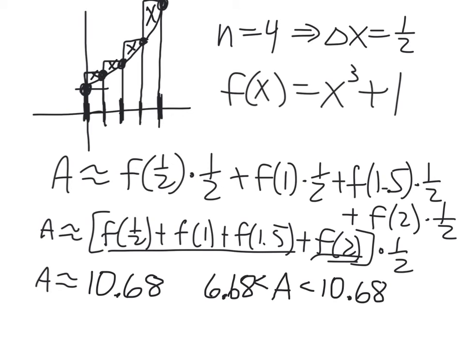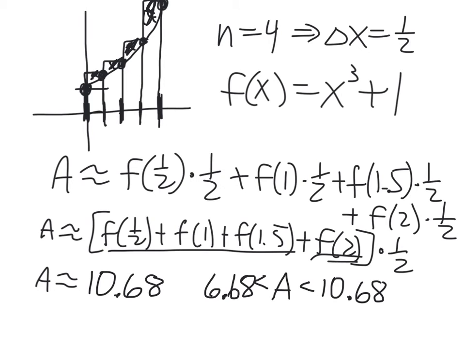Okay. We know that the 6.68 is less than the exact area because of how we drew the rectangles. This one is more by that much, but the exact area is somewhere in between.